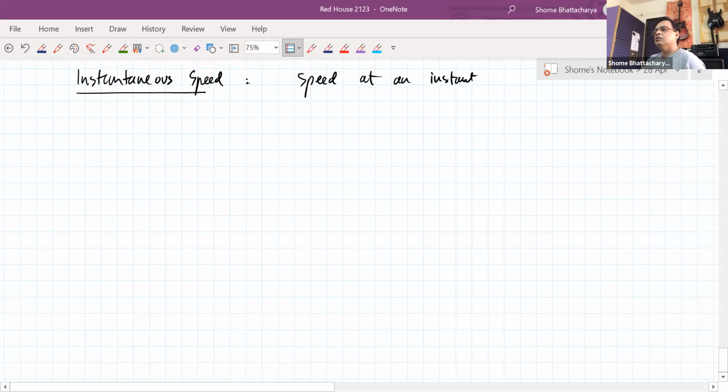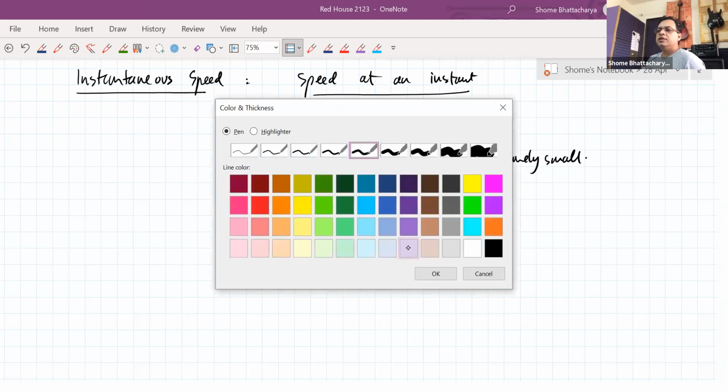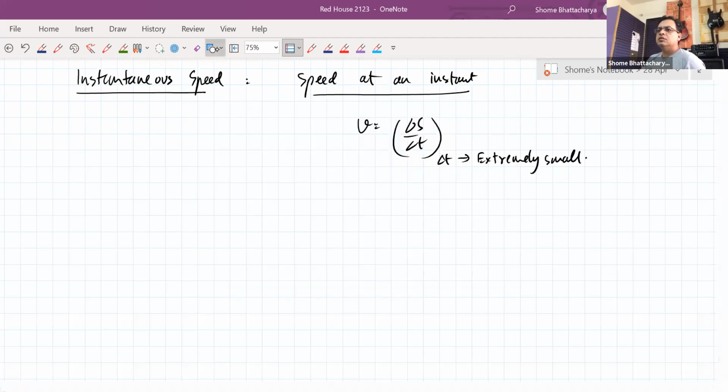It is delta s by delta t, but under the condition that delta t should be extremely small. Graphically, let's try to understand what that means.